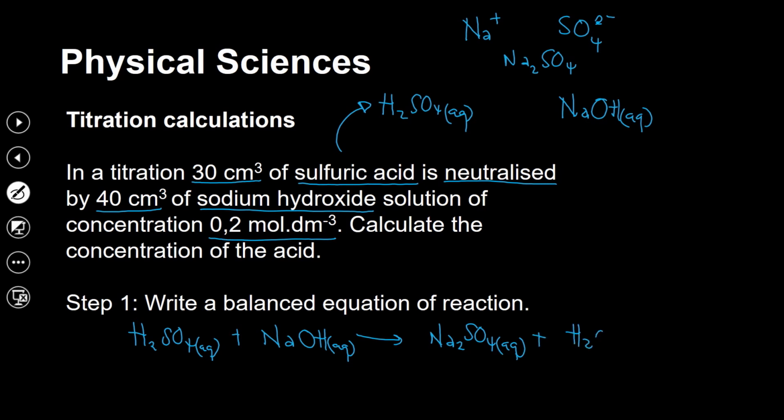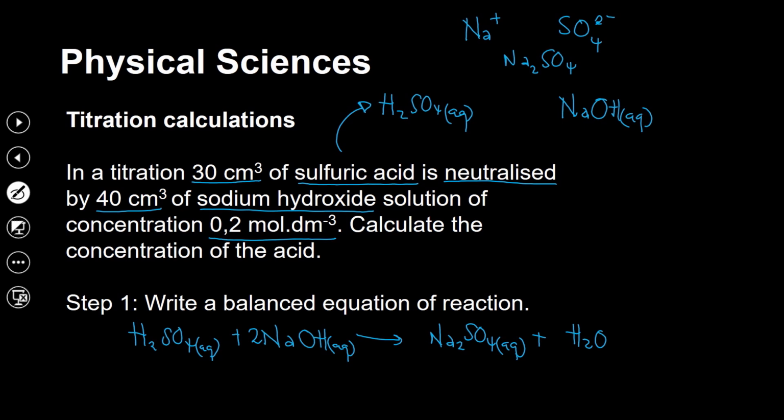All right, is the equation balanced? Let's check. Already we see that there is 1 atom of sodium on the left and 2 on the right. It means here we need to put a 2, right? If we do that, then we ask ourselves, is hydrogen balanced? We've got 4 hydrogen on the left, and on the right we only have 2.